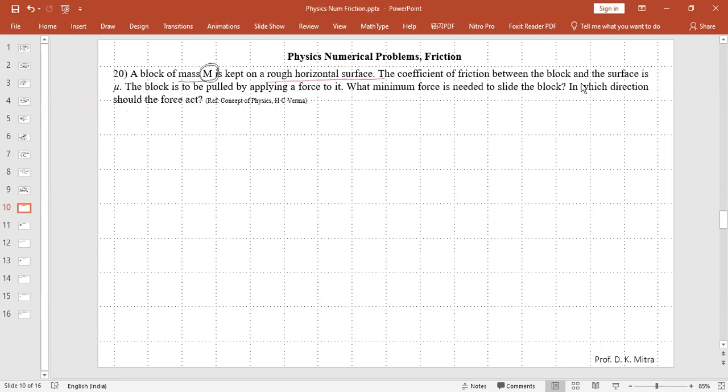Rough horizontal plane means there will be some friction. The coefficient of friction is given. The block is pulled by applying a force to it. What is the minimum force required to pull the block and in which direction?